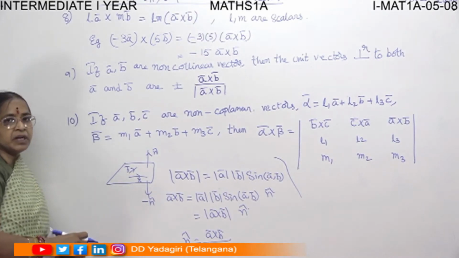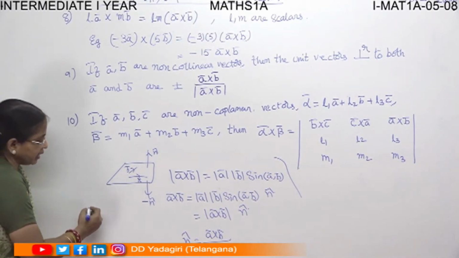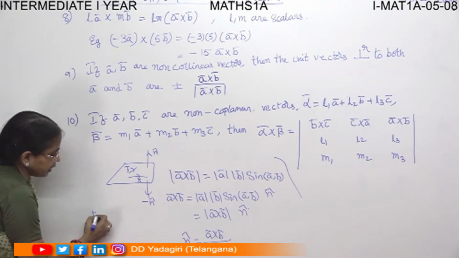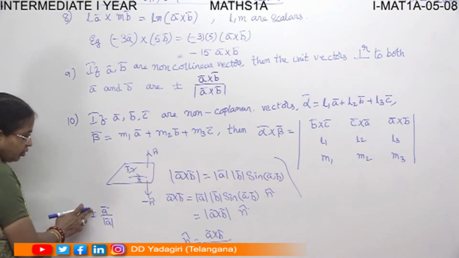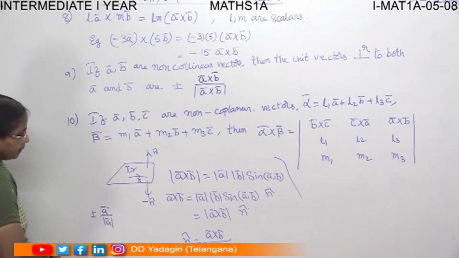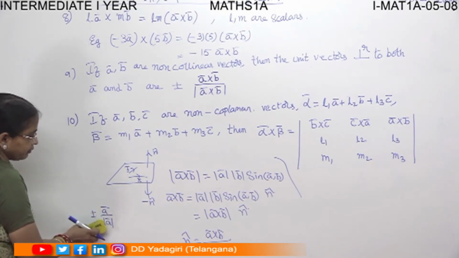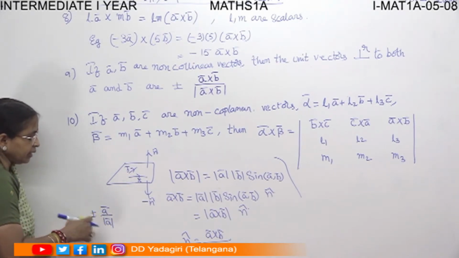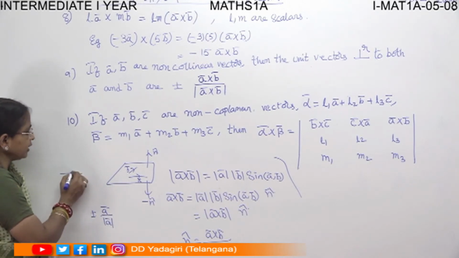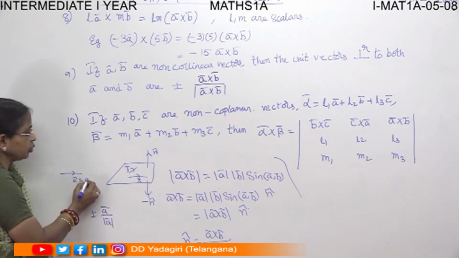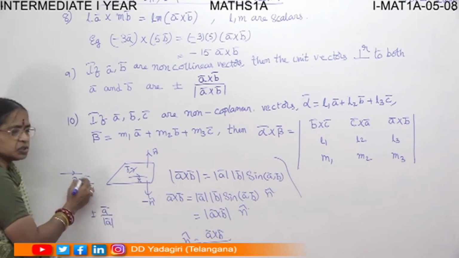In the first chapter, in addition of vectors, we have something else there. We have plus or minus A by mod A. What is this? This is the unit vector in the direction of A, and in the opposite direction of A. The unit vector in the direction of A is A cap. A cap is equal to A by mod A. This you have learned.